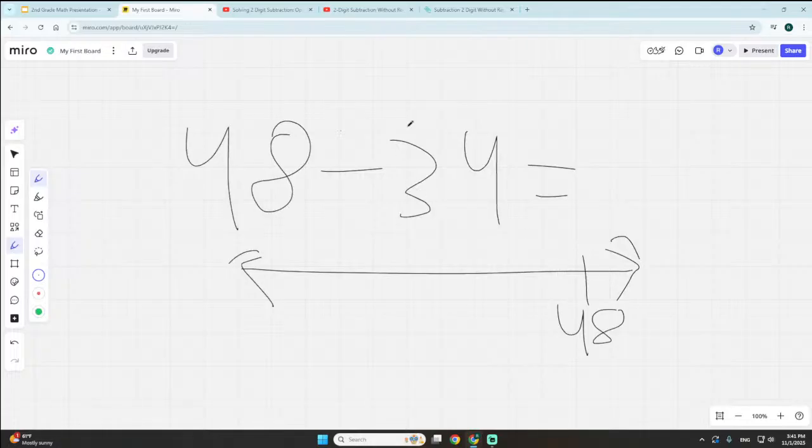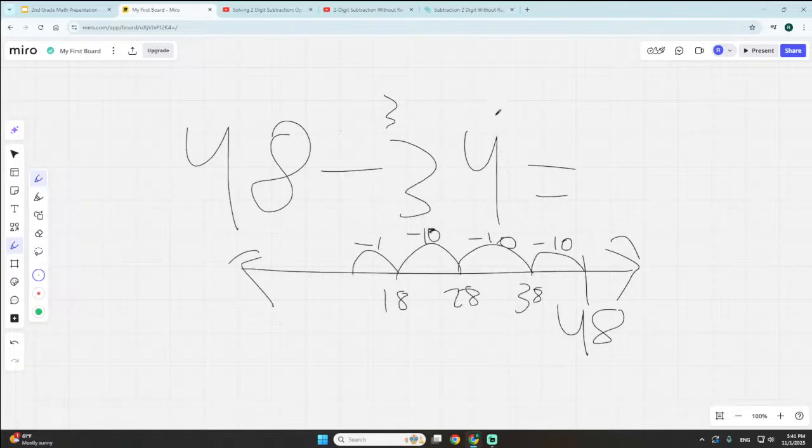So what's in the tens place here? 3. So 1, 2, 3. So we get 38, then 28, then 18. Now we have to subtract this 4 because that's in the ones place.